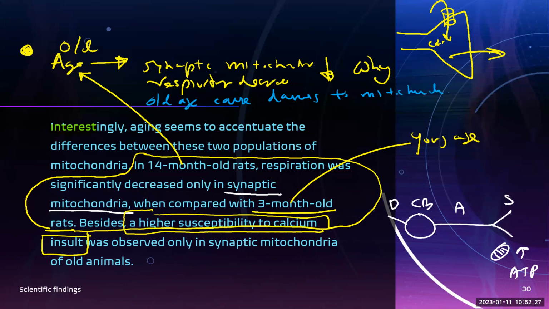So if you are asked what higher susceptibility to calcium insult means: the presynaptic voltage gated calcium channel opening and moving calcium inside is impaired. As a result, neurotransmission is decreased. If they have 1,000 calcium channels, maybe some are not working, so fewer calcium channels are working.